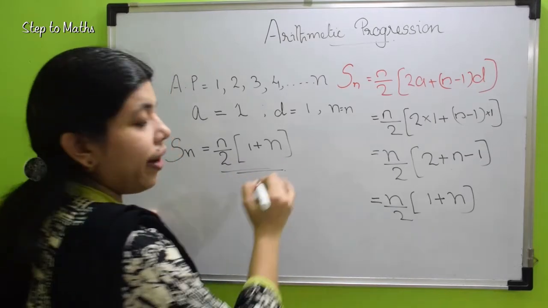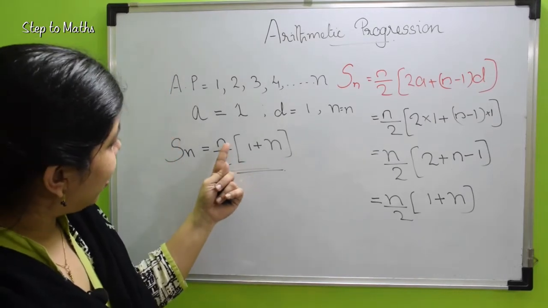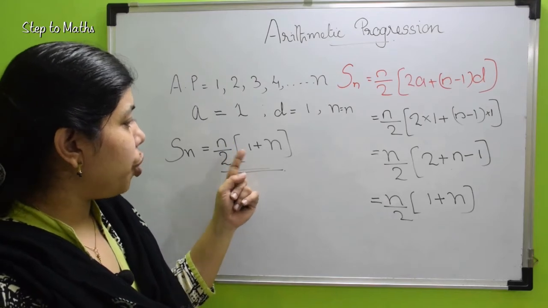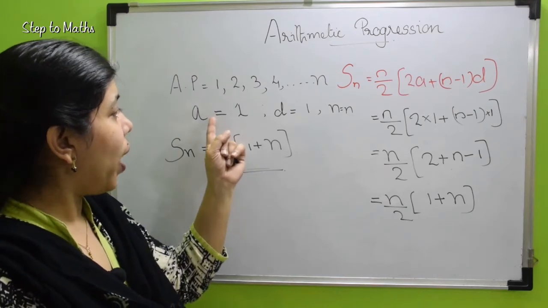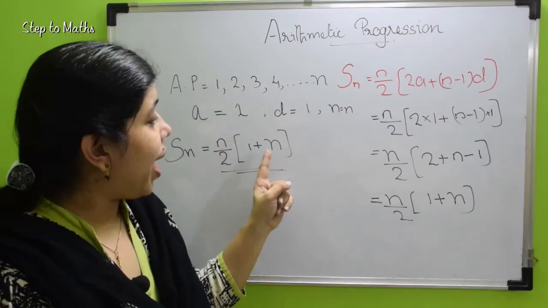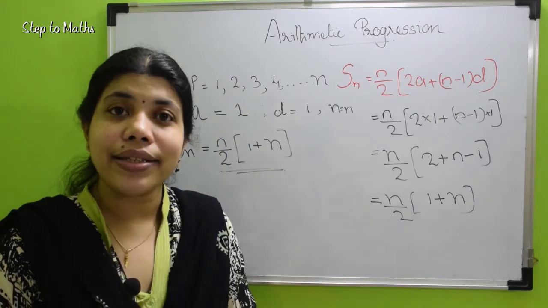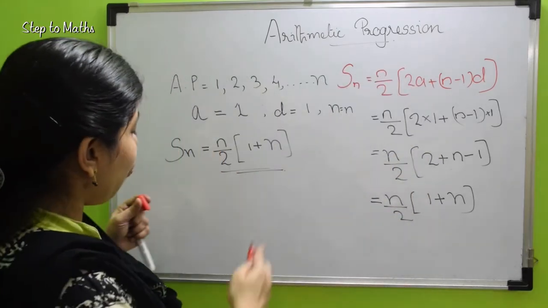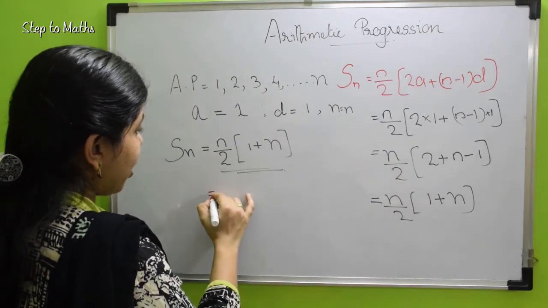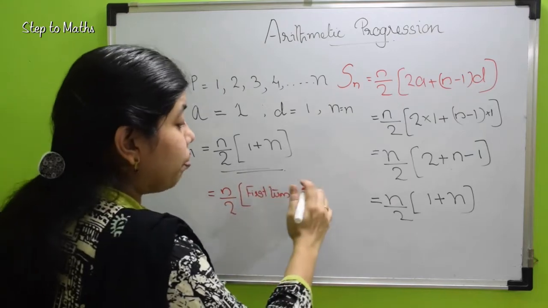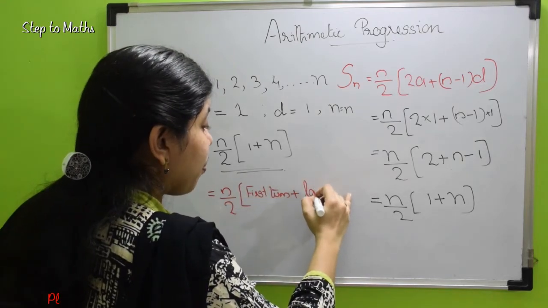Sum of the first n natural numbers: n upon 2 into 1 plus n. Actually, 1 is the first term of this arithmetic progression and n is the last term. So we can rewrite this equation as n upon 2 into first term plus last term.